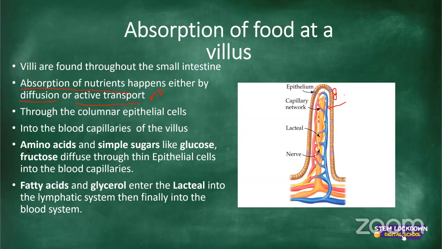Those are our amino acids, simple sugars like glucose and fructose, and we also have some fats. Some fats also go through the epithelium into the blood capillaries. And then our fatty acids and glycerol enter the lacteal, right? Which is connected to your lymphatic system. And then they finally go into the bloodstream. Okay.